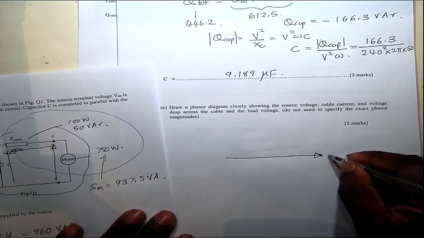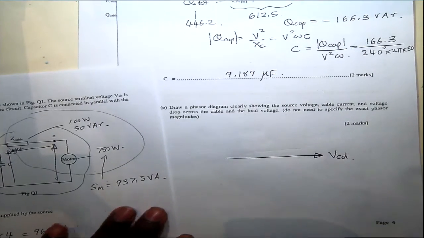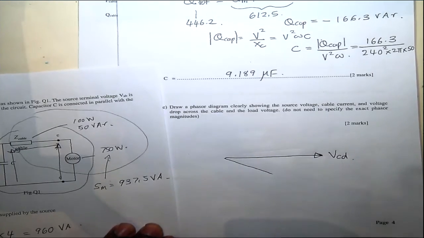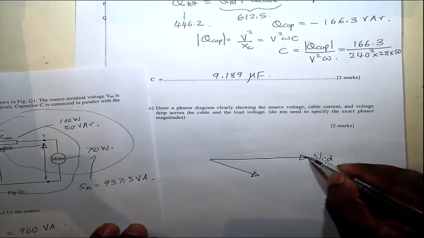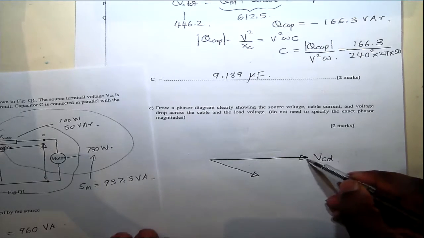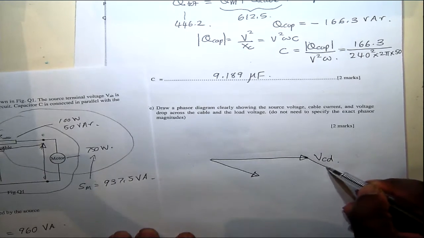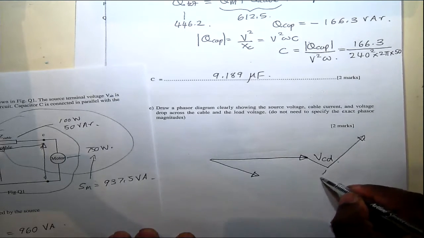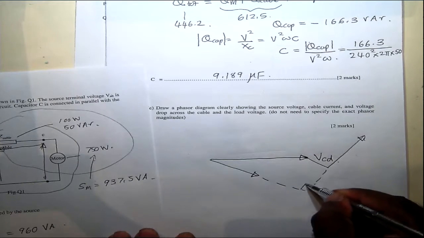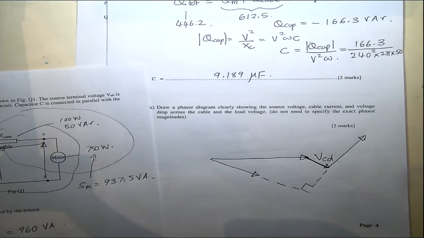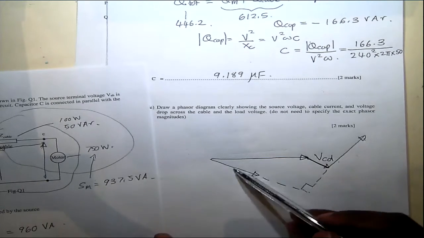That's, let's say, VCD, the motor voltage, and there's a motor current lagging by a certain phase angle. The cable includes some resistance and reactance, so you can draw a voltage drop across the resistance, and the voltage drop across the reactance that's perpendicular to this. This phasor is the voltage drop across the resistance, parallel to the current.